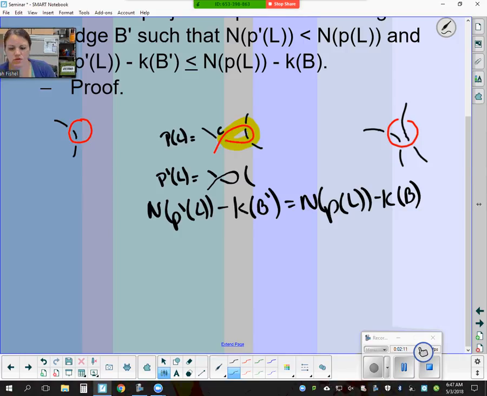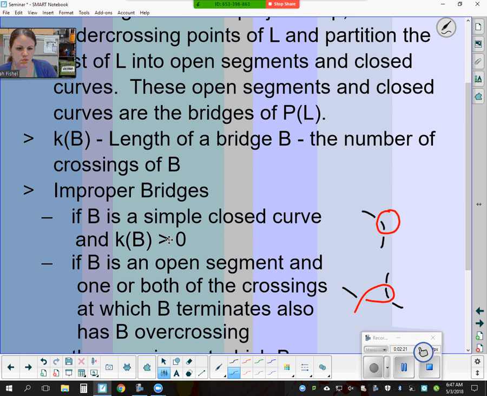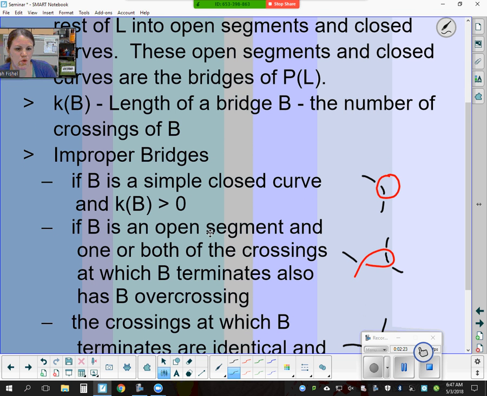If the Reidemeister move were not to reduce n, how could that happen? Well, we could just have this, and that would fit our definition of an improper bridge, because it just says it's an open segment and one or both of the crossings at which B terminates also has B overcrossing. So it doesn't say we have to have any particular bridge length.